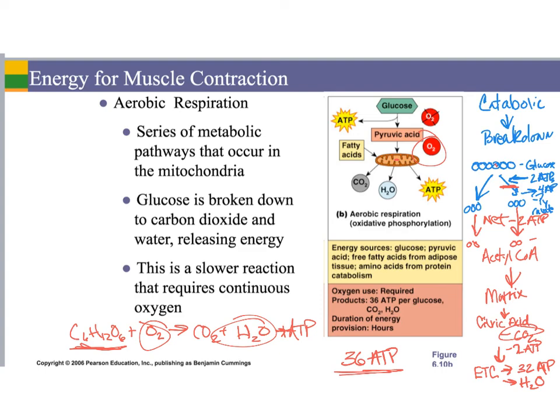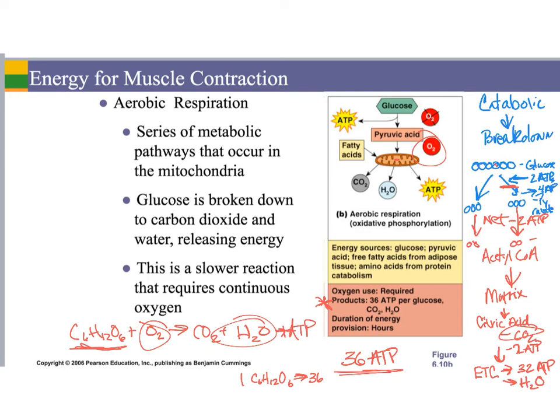However, it produces the highest amount of ATP, right? So one glucose molecule, C6H12O6, produces 36. So we have 1 to 36 in this energy pathway. So aerobic respiration is the most efficient.